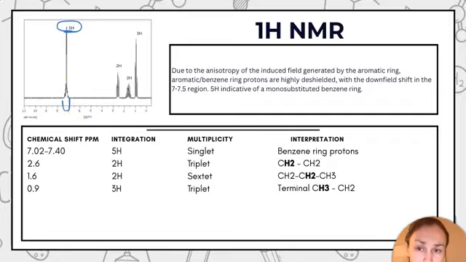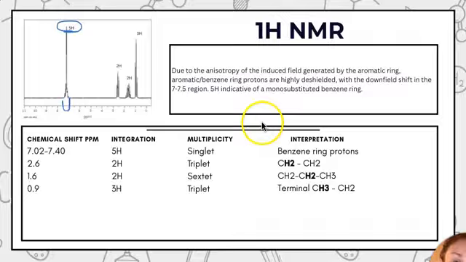It appears as one big peak. When looking at the hydrogen environment, it's also important to know the anisotropy of the field generated by the aromatic ring. Protons are highly de-shielded. That's why we can see this shift of protons in the benzene ring.